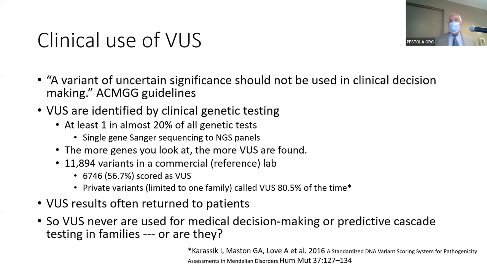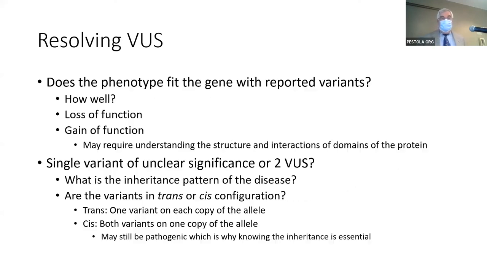VUS results are returned to families, and depending on what they've heard and retained by the time they leave your office and get home, they may take that as, oh, that's disease, or no, that variant doesn't cause disease. The answer is somewhere in between. So VUSs are never used for clinical decision making, right? Now, I violated that one.